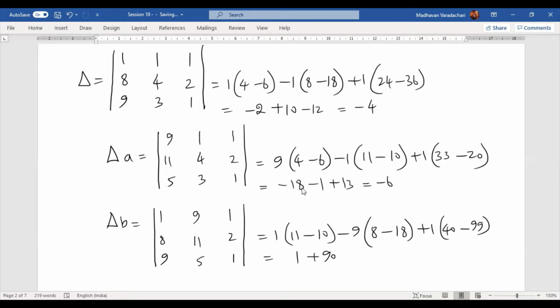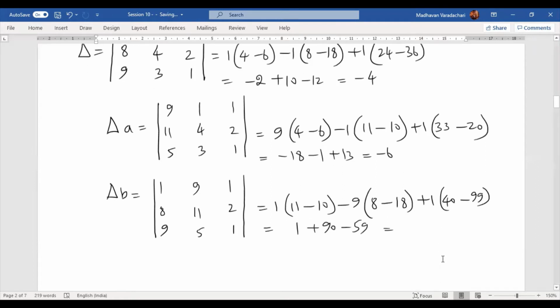This will be 59, so minus 59. So we now have 91 minus 59. How much is it? 32. That is our delta B.